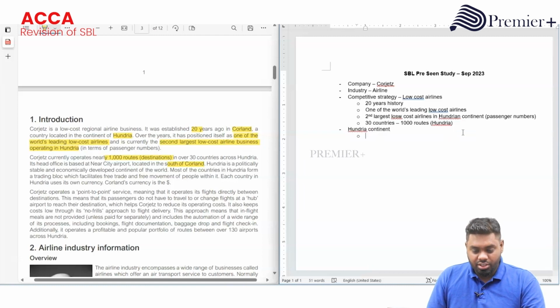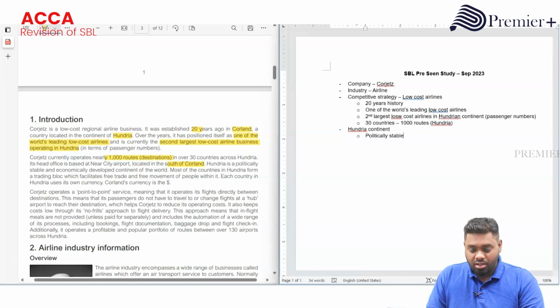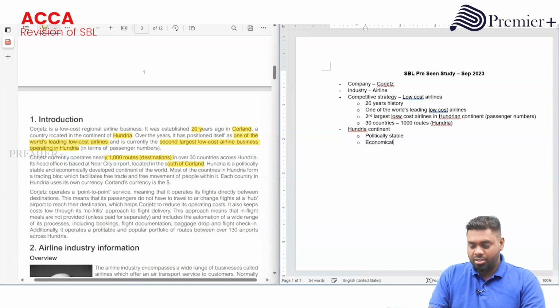So it is politically stable. So there could be linking with a proper macro environment, where under the political environment we find that there is proper political stability, and economically developed continent of the world. Most of the countries in Hungary form a trading bloc which facilitates free trade.